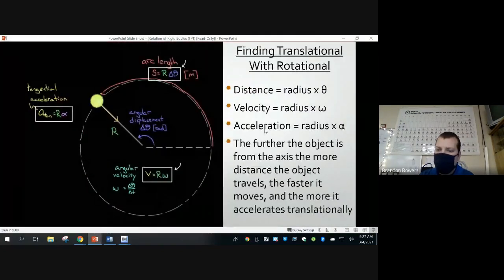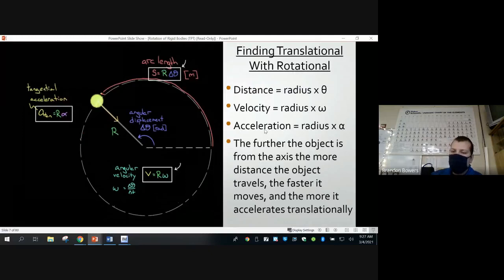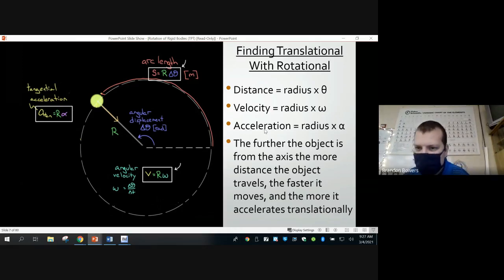All right, so finding translational with rotation. Oh no, I'm scared, I don't like this. There's too many different variables. All right, so the distance, I'm actually gonna write this down.